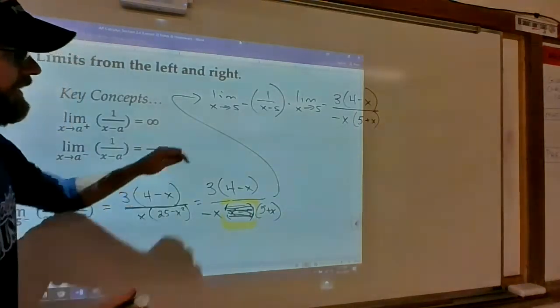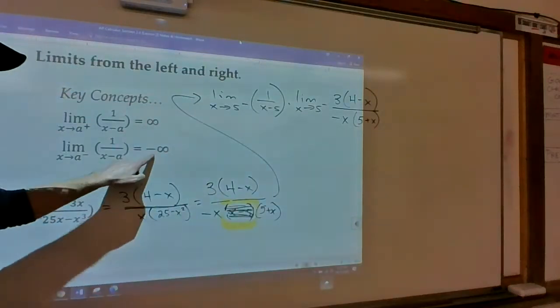All right. So this isolation is a negative infinity.